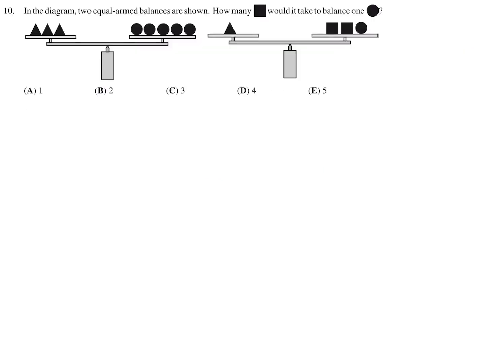In the diagram, the two equal armed balances are shown. How many squares would it take to balance one circle? So for the first one, you'll get an equation of 3 triangles is equal to 5 circles. And I'll fill in the circles to avoid confusion because it might look like a 0.